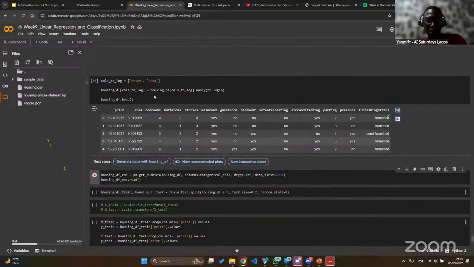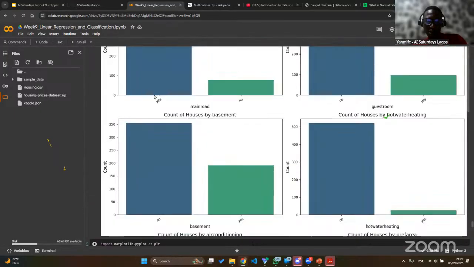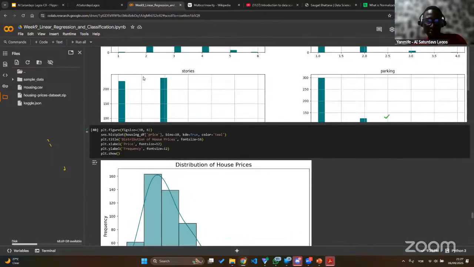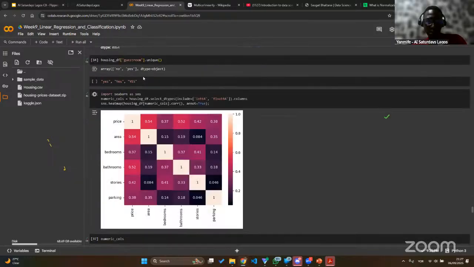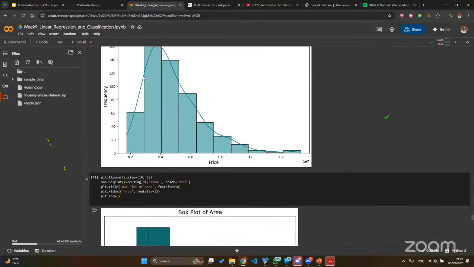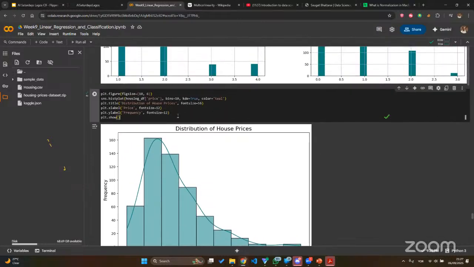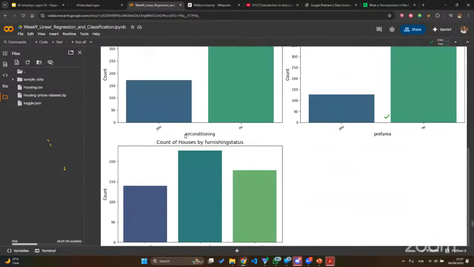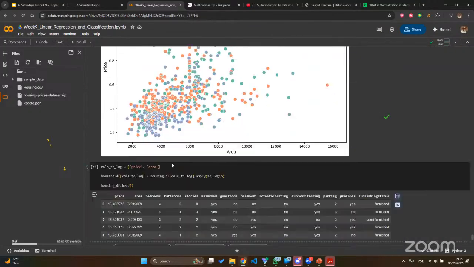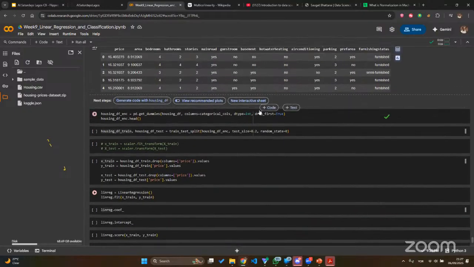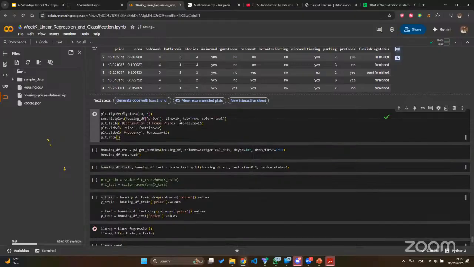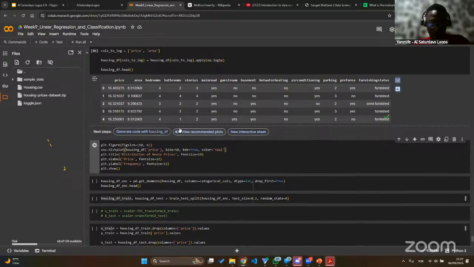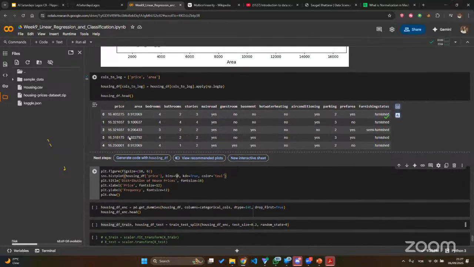Let me plot the histogram again. Yes, you should plot the histogram. We're using bins as 15.